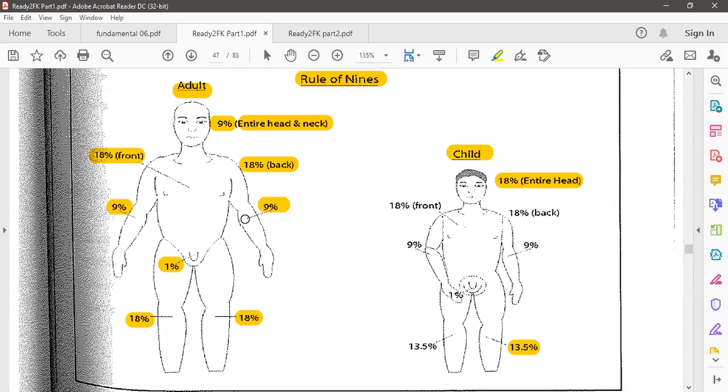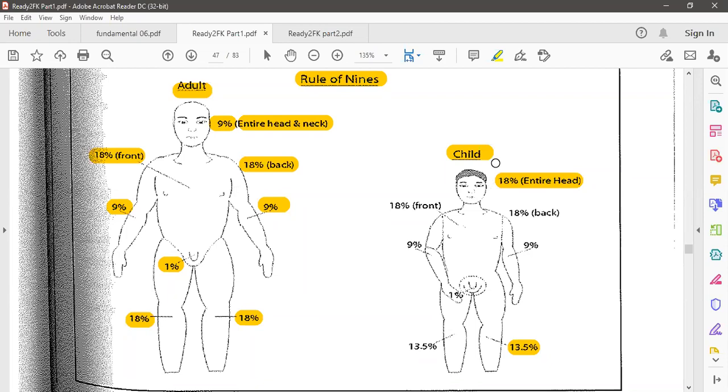And the whole anterior part of the patient, chest and abdomen, anterior involvement 18, posterior back 18, and anterior and posterior both together 36%.